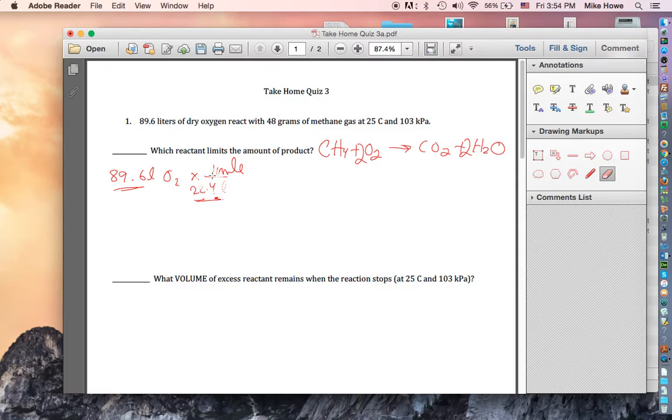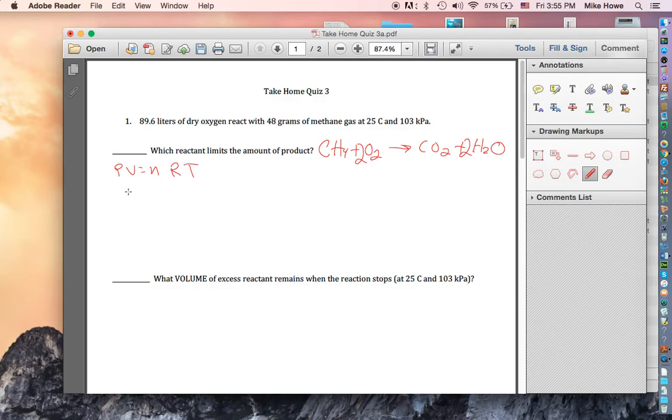So I'll get rid of all this. So to find moles, instead of using the 22.4, let's use the PV equals nRT. All right, so PV equals nRT. And we know that we have 89.6 liters.